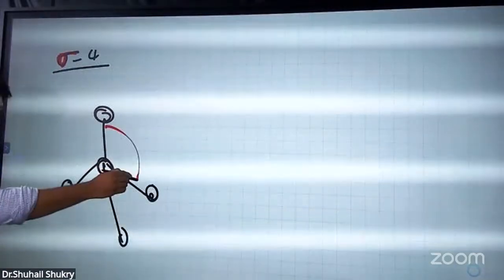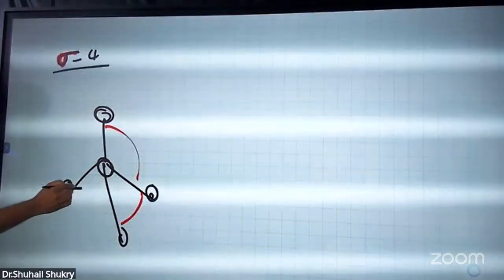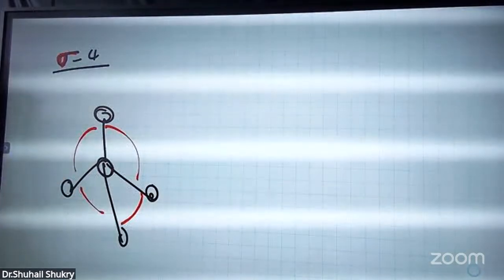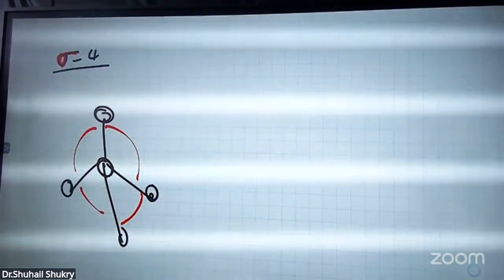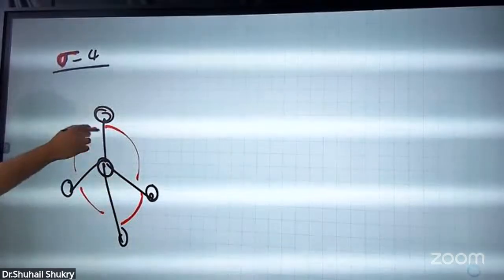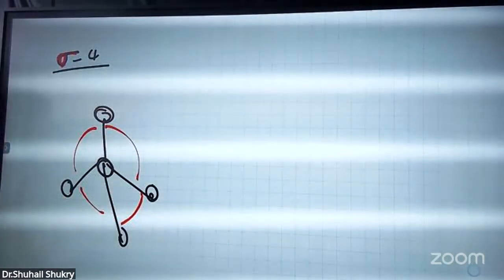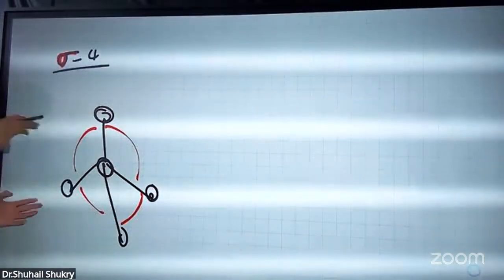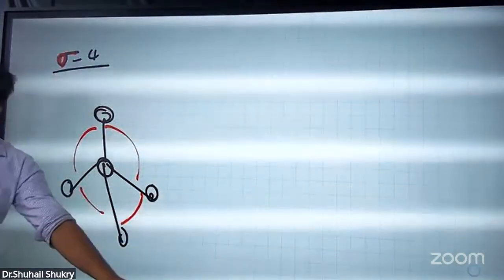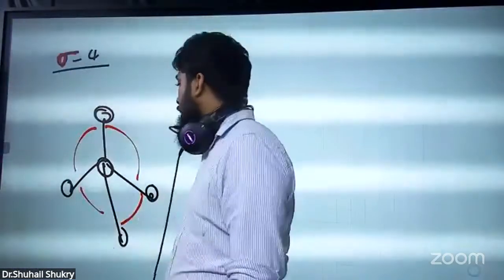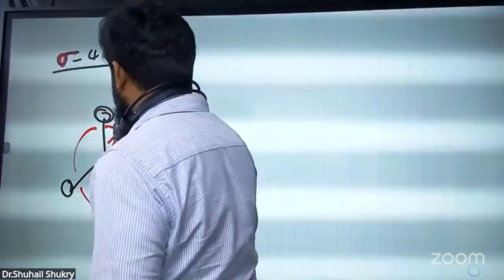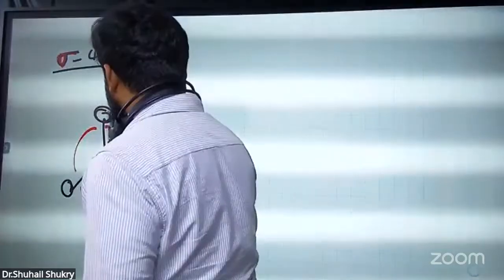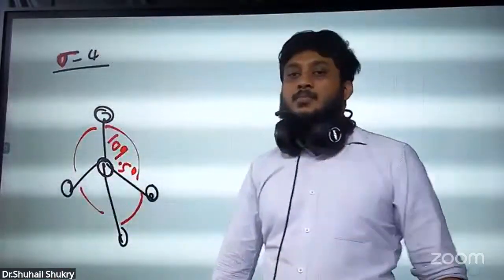Between any two, you know what is the degree? This doesn't lie in the same plane. Different things lie in different planes. This is not a circle, right? Don't think this is a circle. No, it is not a circle. Remember, each thing has this number. You have to remember: 109.5 degrees.